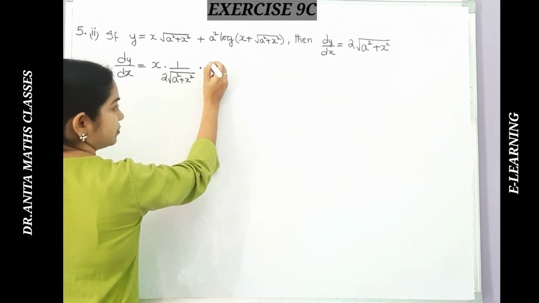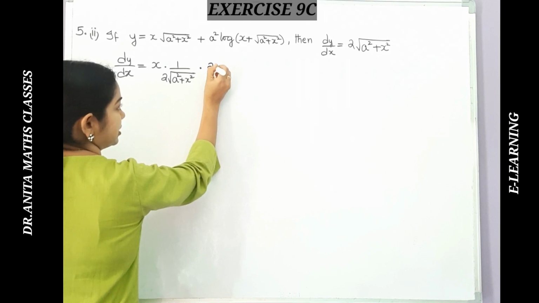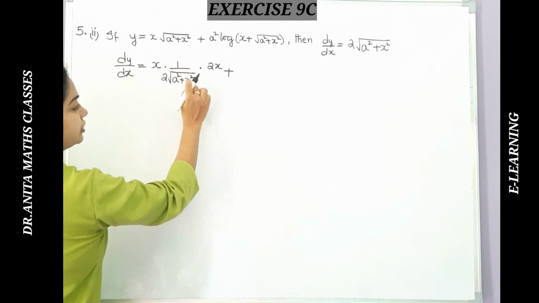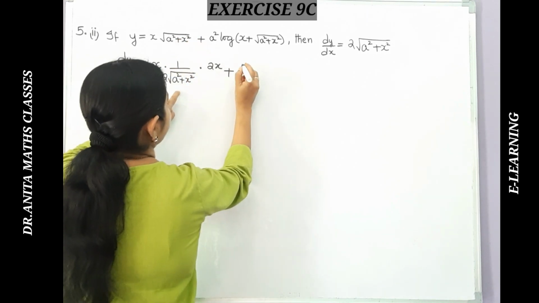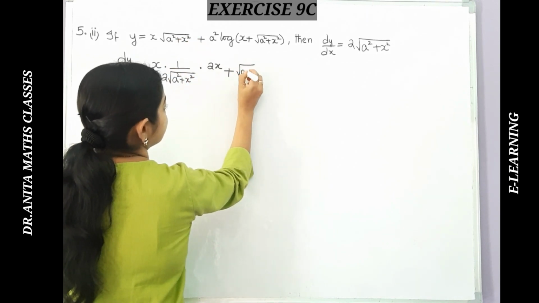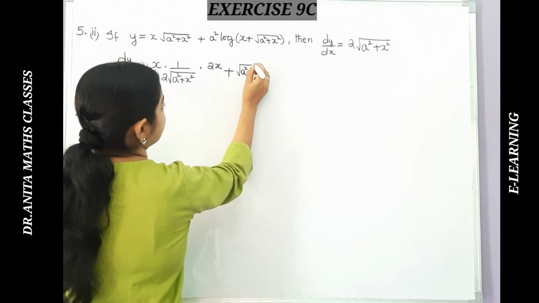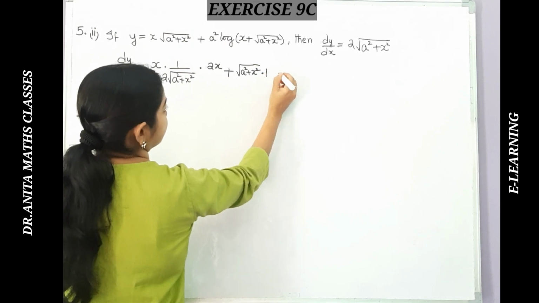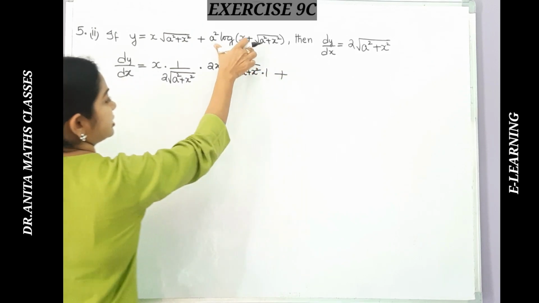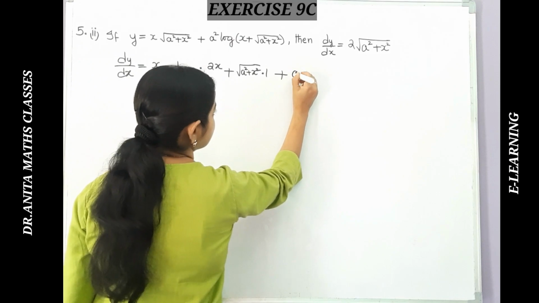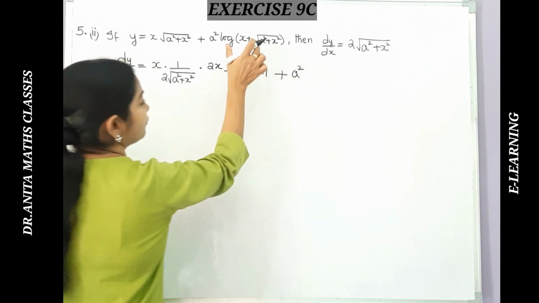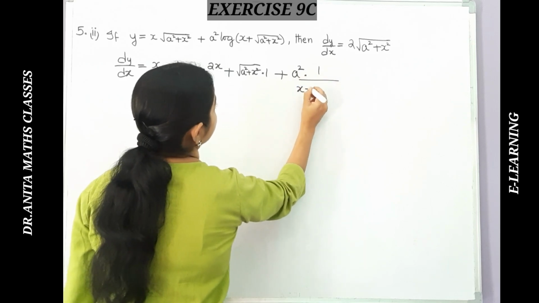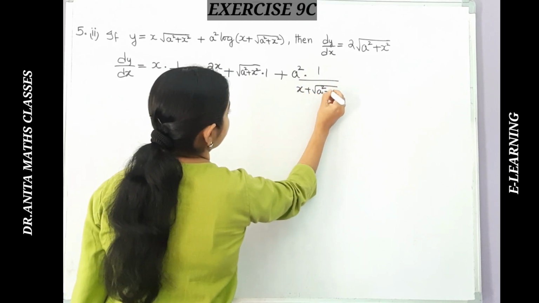So a square is 0, x square is 2x according to the chain rule, plus u v dash, and again here v we will write u dash, that means x differentiation is just 1, plus we need to differentiate this also. This is a constant, I can take it out, and for the log function the differentiation is 1 upon x under root a square plus x square.